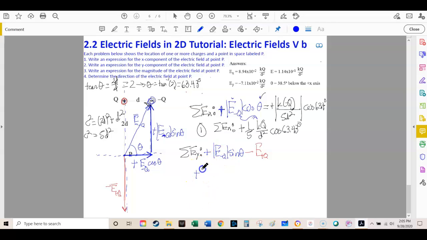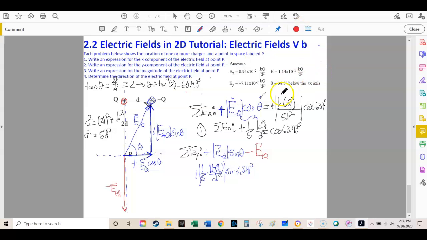So that's going to be pointed up, and that's going to be 1/5 KQ over D squared. Actually, it's a negative Q in here. And that's going to be sine of 63.4 degrees.